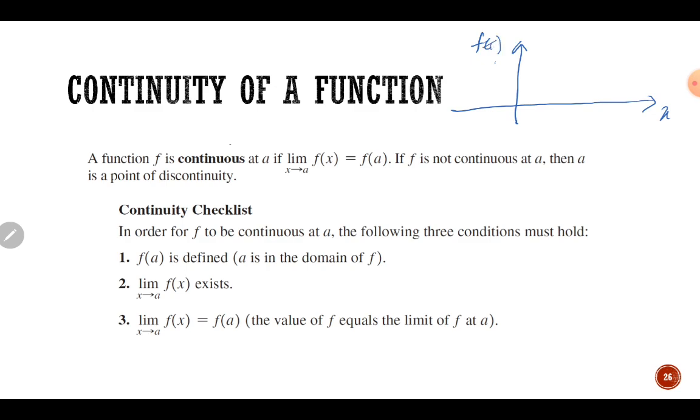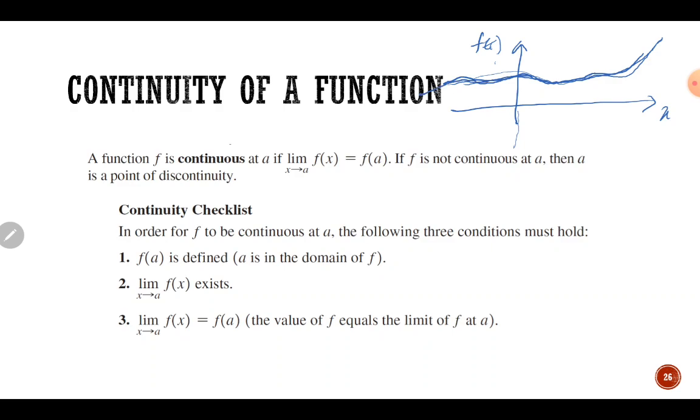Maksud continuous ni kan, kita ada function atau kita ada graph yang mana function tu continuous. Dia berterusan, dia tak ada pecah apa-apa. Dia just go macam ni, katakanlah macam ni graph tu. So it's continuous. There is no hole, no donut, apa-apa. The graph dia tak ada asymptote, tak ada apa-apa. So this is so called as continuous.